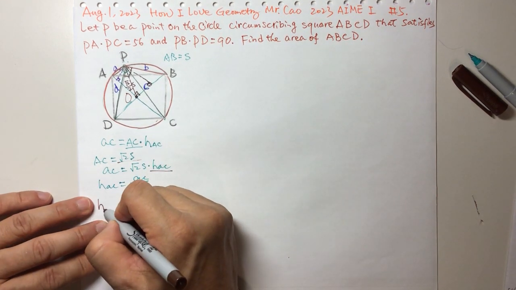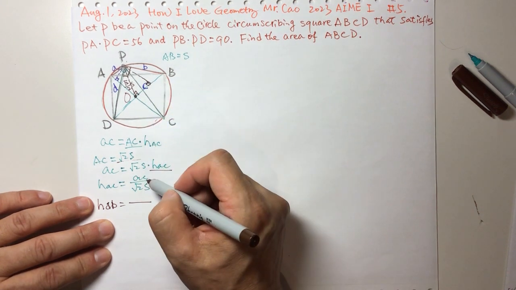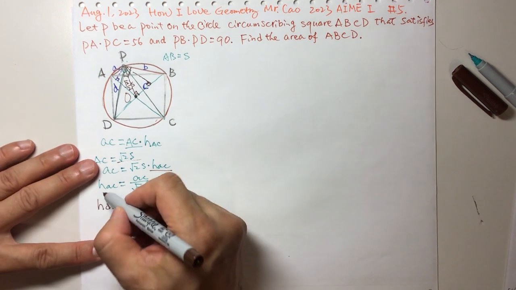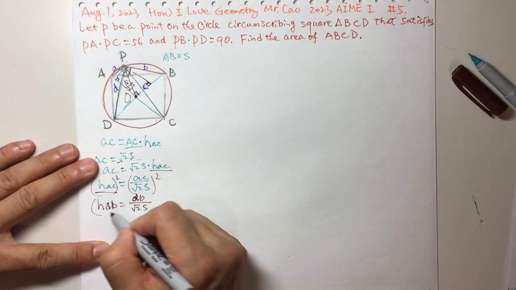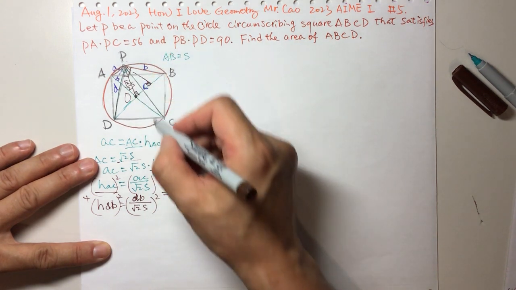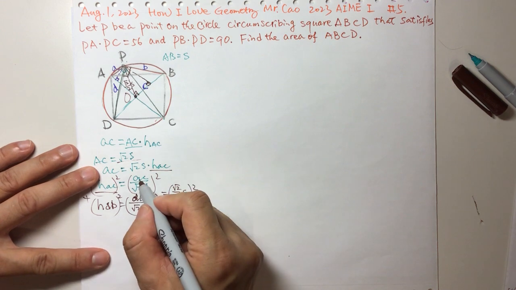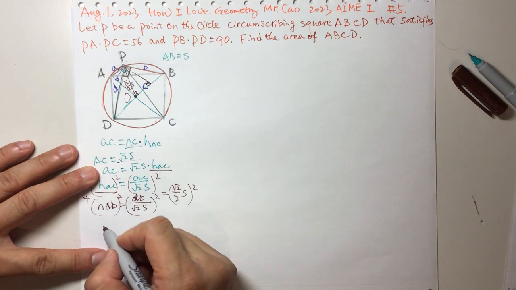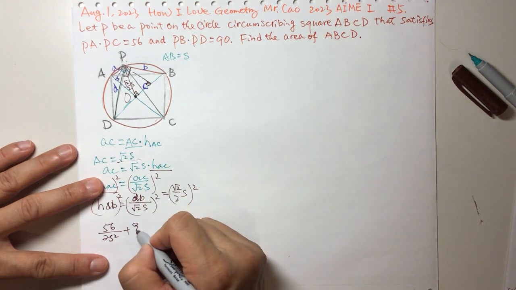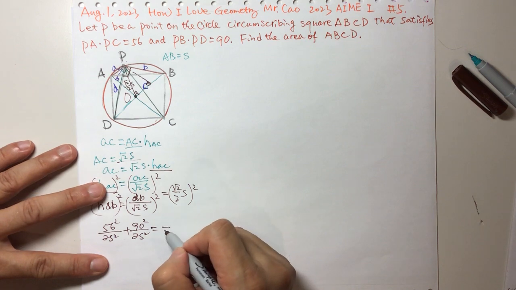And also we can write h_DB, which is PB times PD over square root of 2 S. Okay, and we know this squared plus this squared equals the radius squared. Now, because PA times PC is 56, we can substitute: 56 over square root of 2 S squared plus 90 over square root of 2 S squared equals one half S squared.